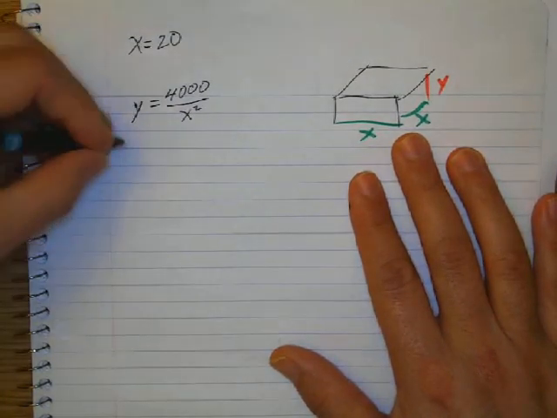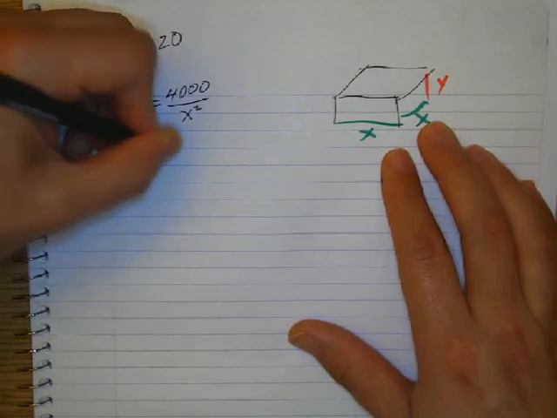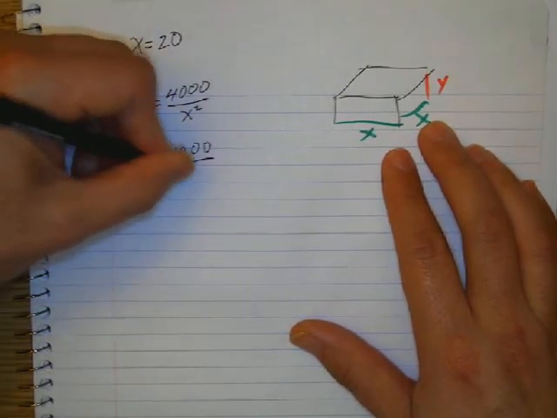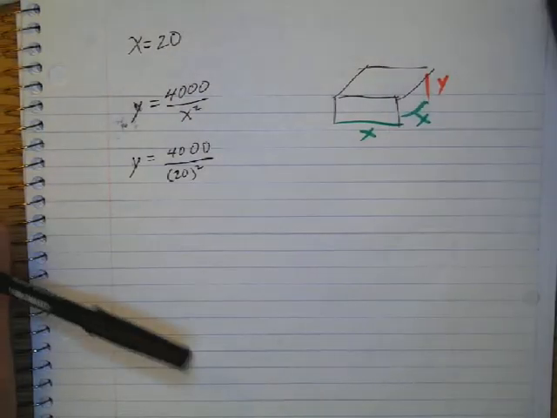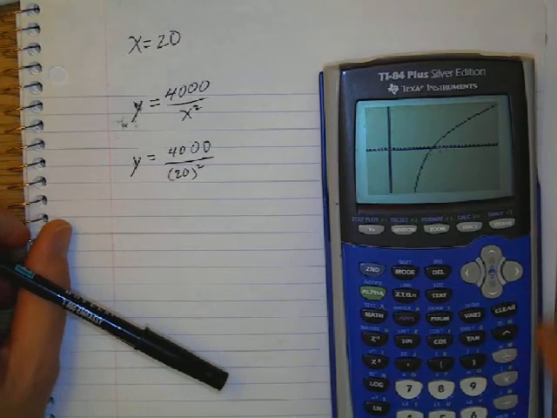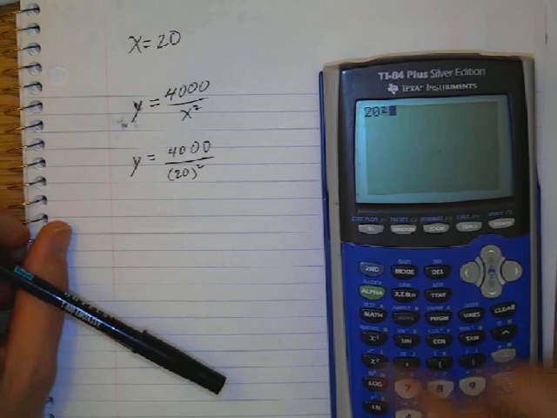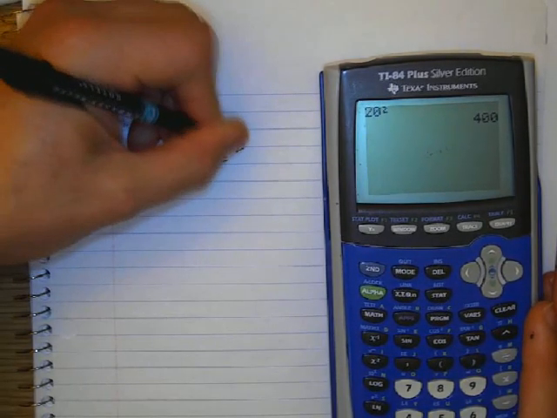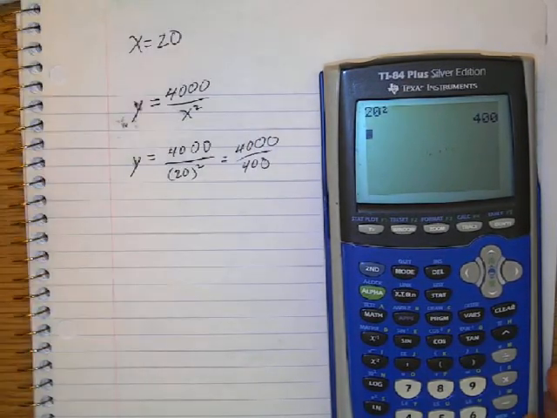So we can say that the height y is going to be equal to 4,000 divided by 20 squared. So 20 squared is 400. So 4,000 divided by 400 is going to give me 10, right?